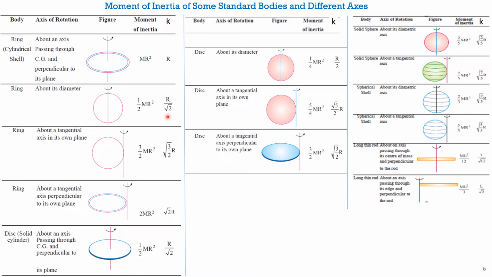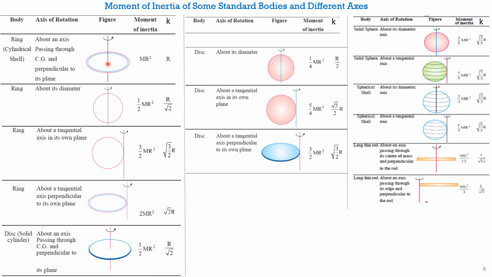Maybe you may have to derive these relations in higher classes. Please, for the time being, note down the moment of inertia and radius of gyration as well as the axis of rotation. The axis of rotation, you can see, is varying.